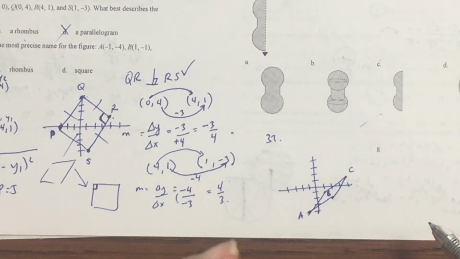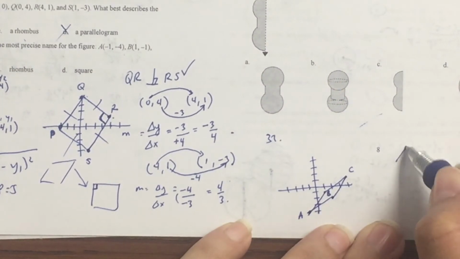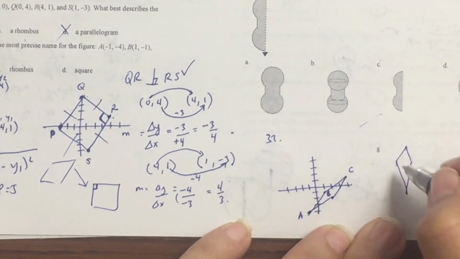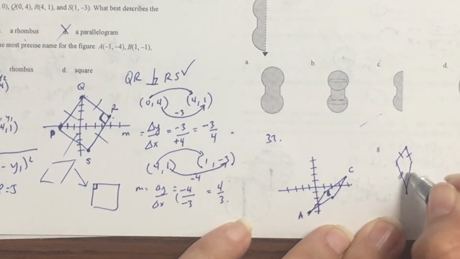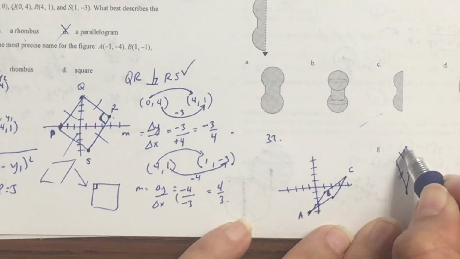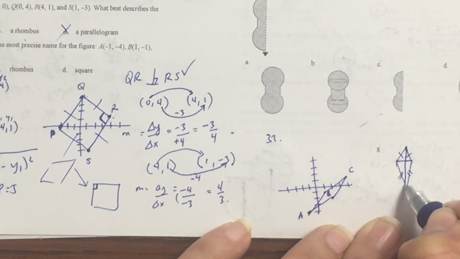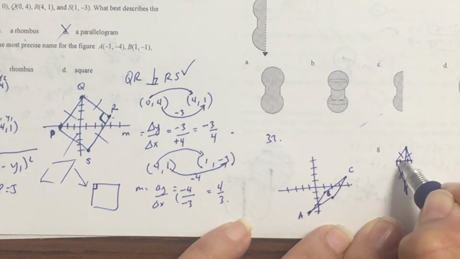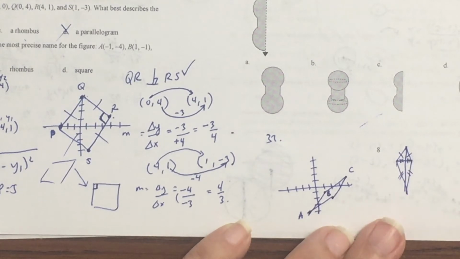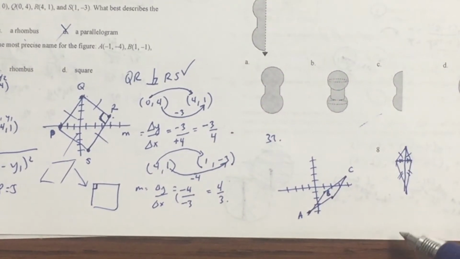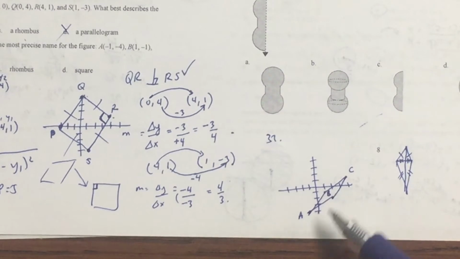But all right, so let's take a look. To prove a kite, remember this is congruent to that, this is congruent to that, and then this is congruent to that, right? So let's start with distance. Let's find the distance around the whole shape and see what we got.